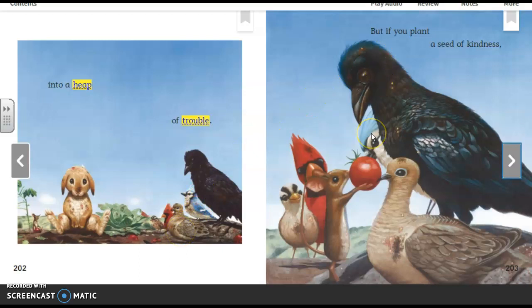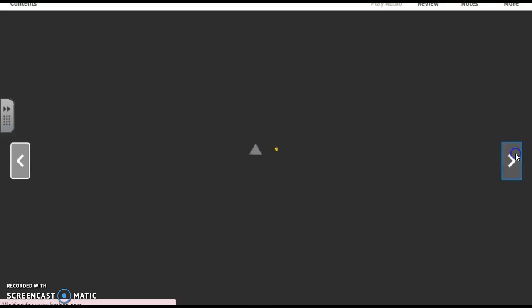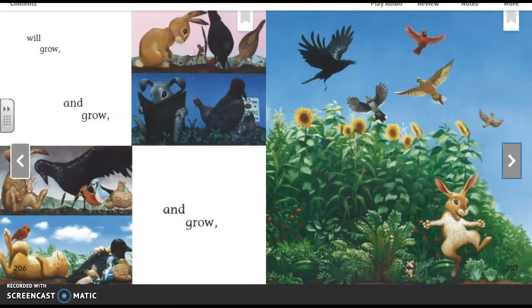But if you plant a seed of kindness, in almost no time at all, the fruits of kindness, that's those fruits we were talking about. What's good is going to come from the kindness. Will grow and grow and grow and grow.